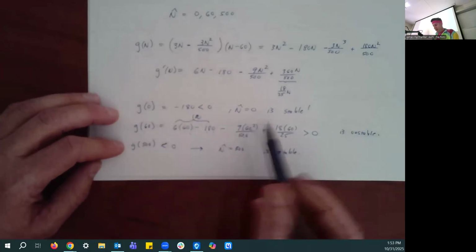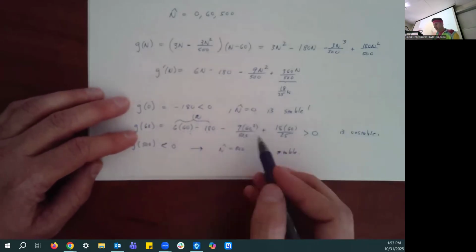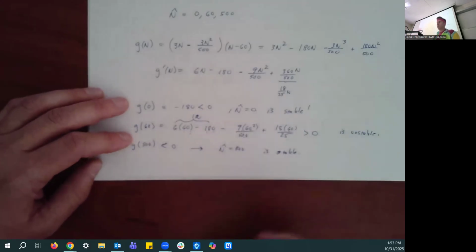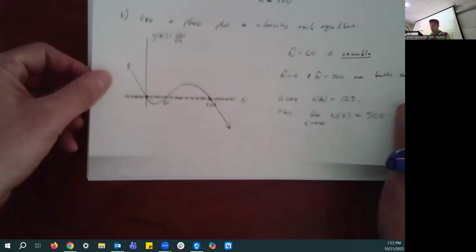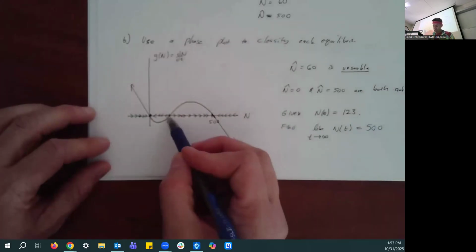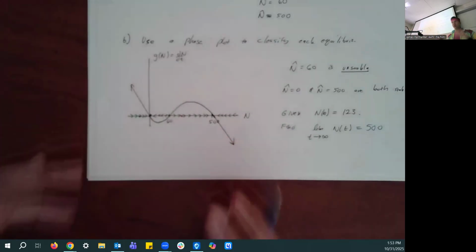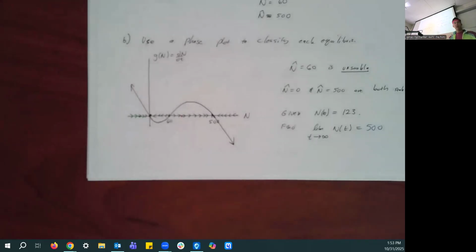This is not even in the realm of 180. So for sure, this whole thing's positive. But I didn't even want you to look at that really. What I wanted you to look at was the fact that on the graph at 60, is the function increasing or decreasing? It clearly has a positive derivative because it's an increasing function there. So if the function's increasing at your equilibrium, we know that equilibrium is unstable.